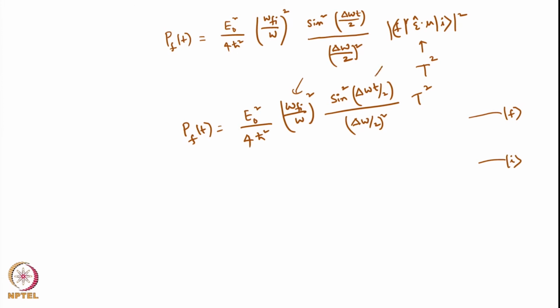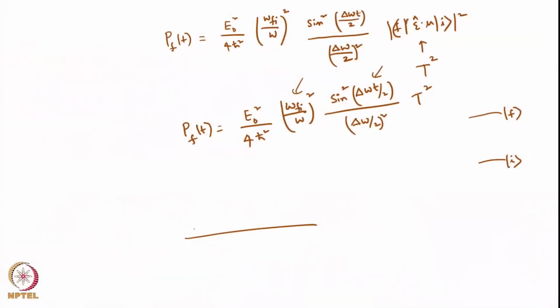Apart from that, this sine function will vary as delta omega varies. But sine function can only go from 0 to 1. In fact, sine function goes from -1 to +1, but sine square function can only go from 0 to 1. So this function is basically modulating between 0 and 1.